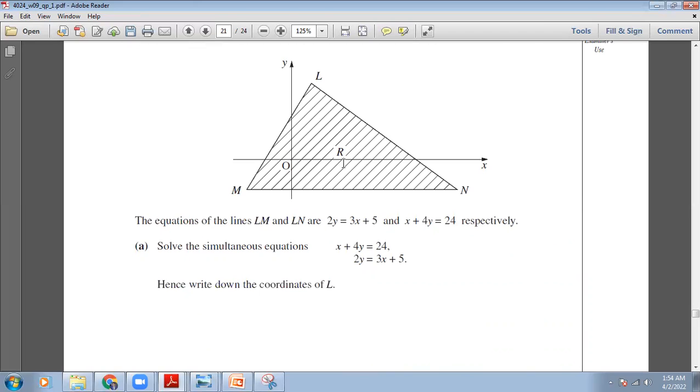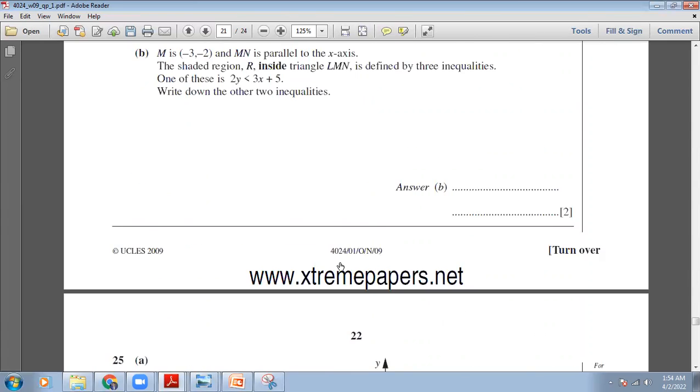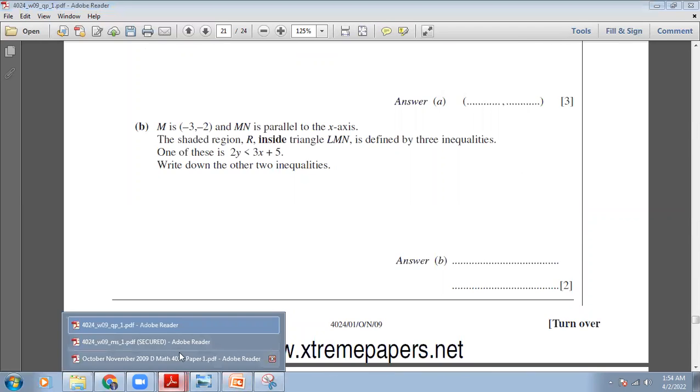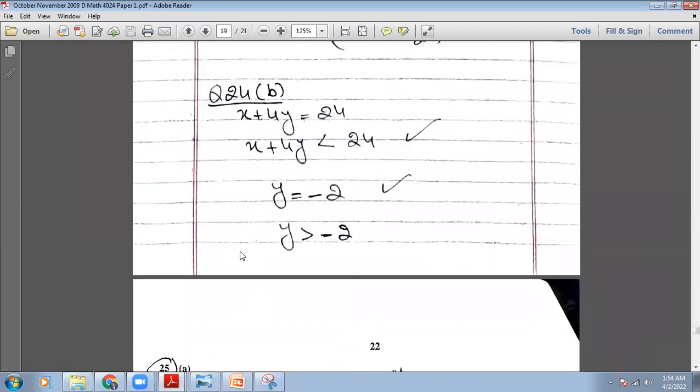And we have to tell the inequality according to this area. See, this area is below this line, and above this line. So if I know the equation of the lines, I can easily tell the inequality. So x plus 4y equals 24, because the required area is below this line. So the crocodile's back will be to the positive y.